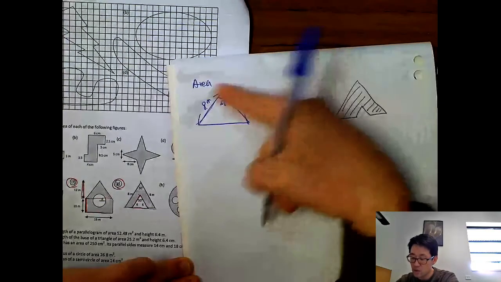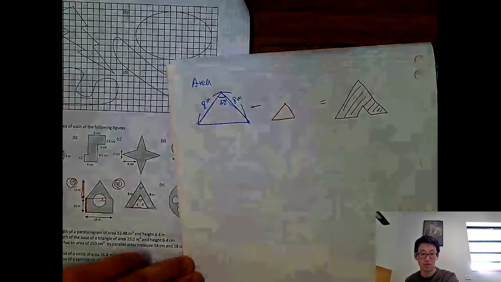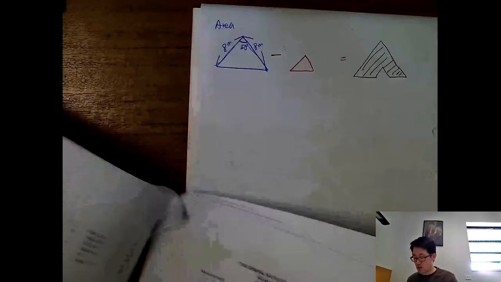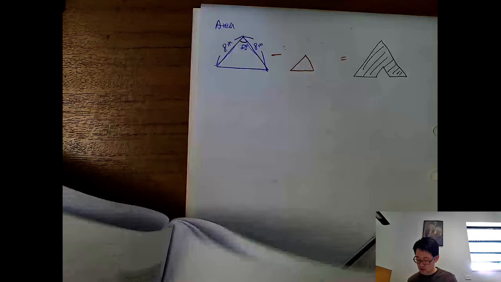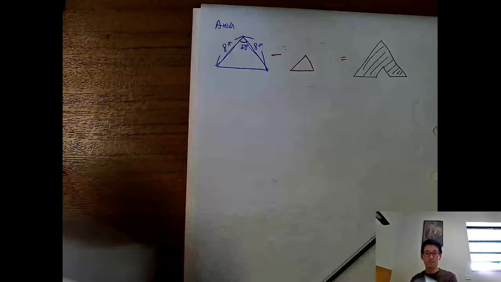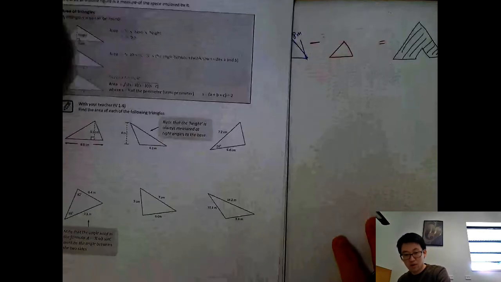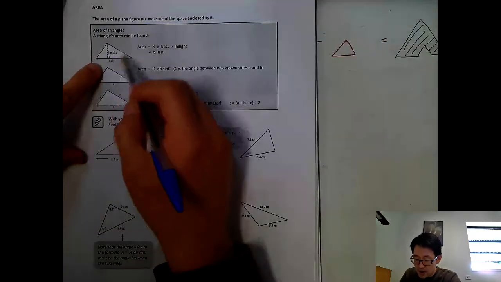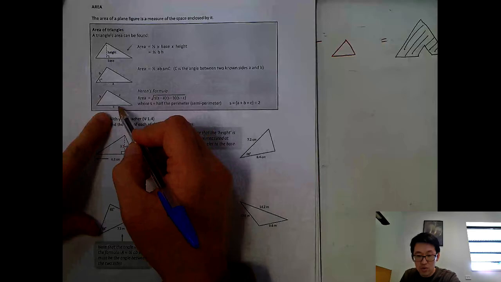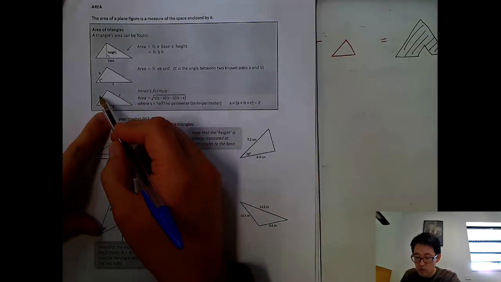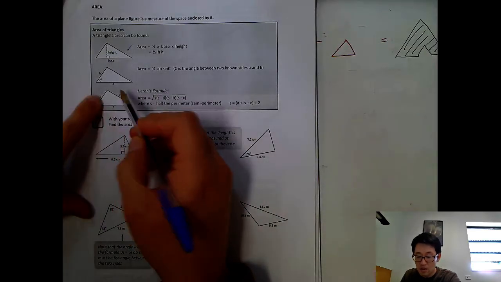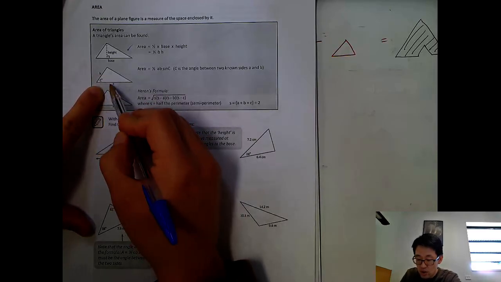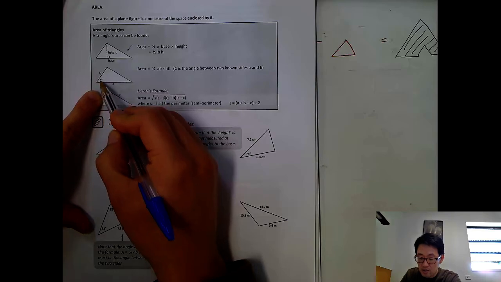When I know this, what formula can we use? The 3 types is given from previously. Go to page 5. Height times base, we've done it. We don't use Heron's formula because Heron's formula is when you know 3 sides. But in this case, is second type. We know the 2 sides and the angle between.